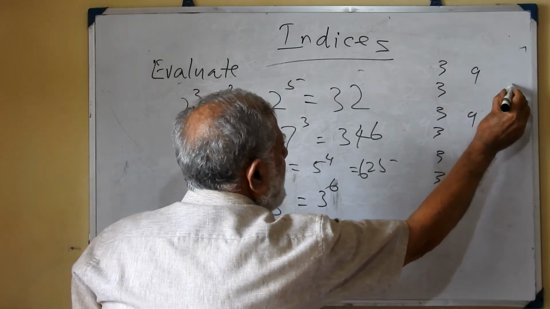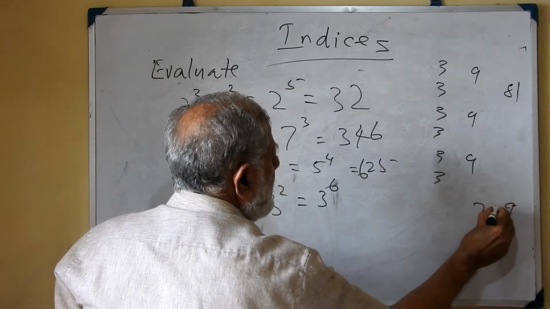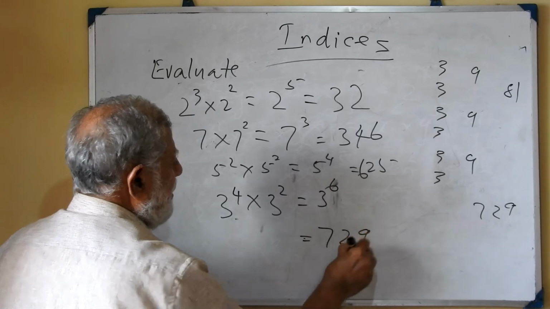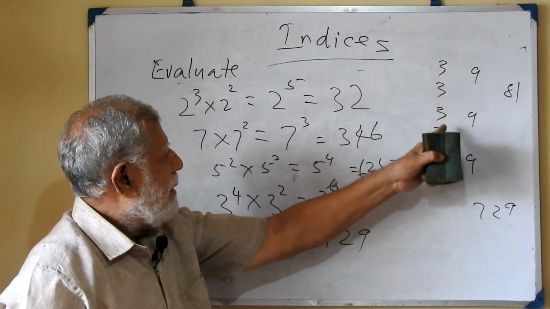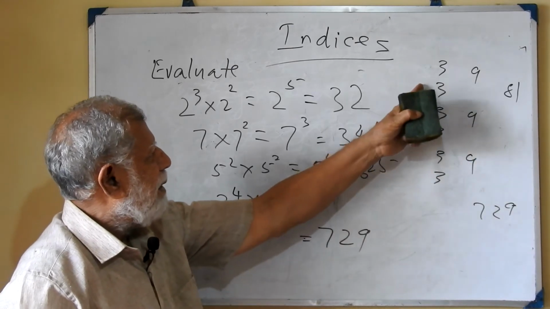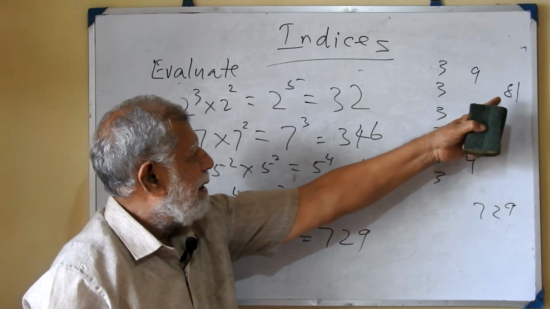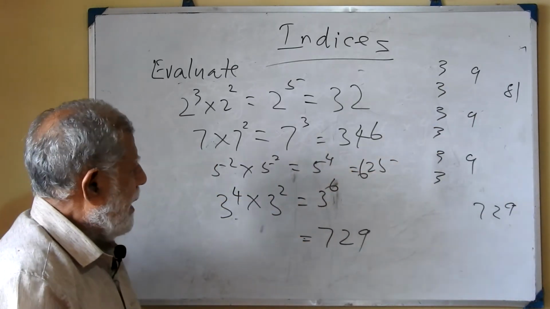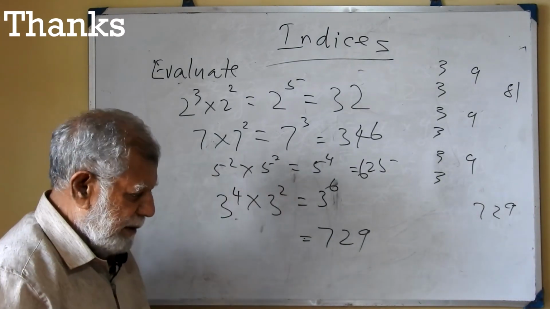So 9 times 9, 81. 81 into 9. 9 ones are 9, 9 eights are 72. 729. How did we multiply? 3 multiplied 6 times. So we multiply 2 by 2. These are 9, these are 9, these are 9. Then 9 times 9, 81. Then into 9. So 9 ones are 9 and 72. So this is finding the value of the indices numbers.